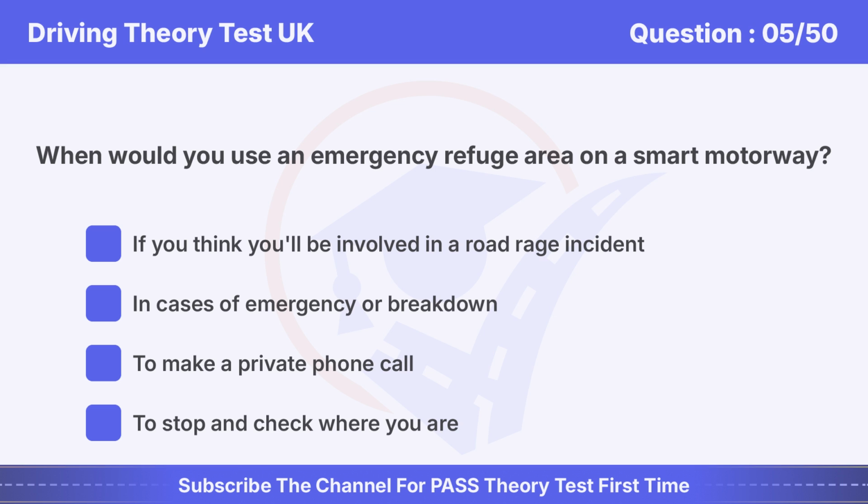Question 5. When would you use an emergency refuge area on a smart motorway? Answer is B. In cases of emergency or breakdown.